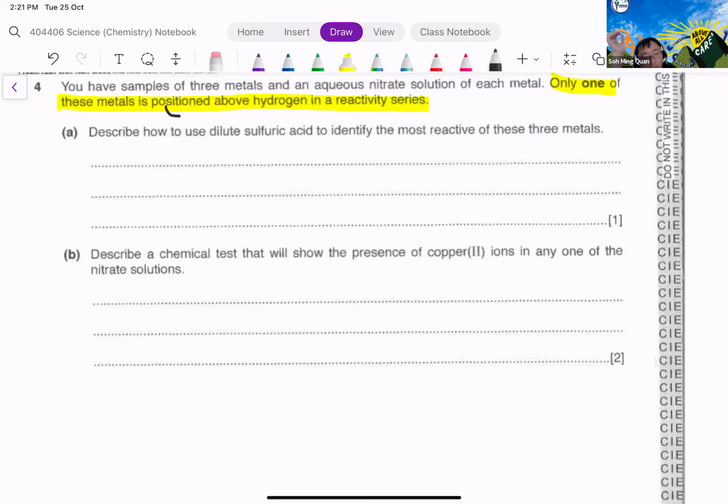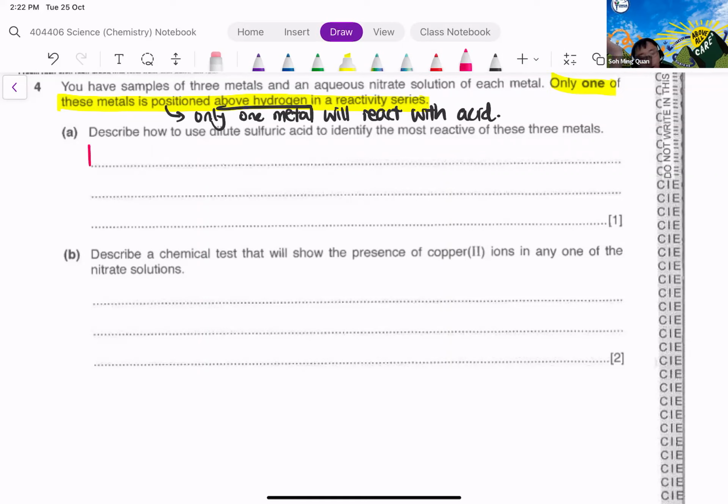It means that only one metal will react with acid, right? So hopefully you recall anything above hydrogen in the reactivity series will react with acids, which means that you can just use any acid to tell which metal this is, because only one of them will react with acid. The other 2 are below hydrogen, they won't react with acid.